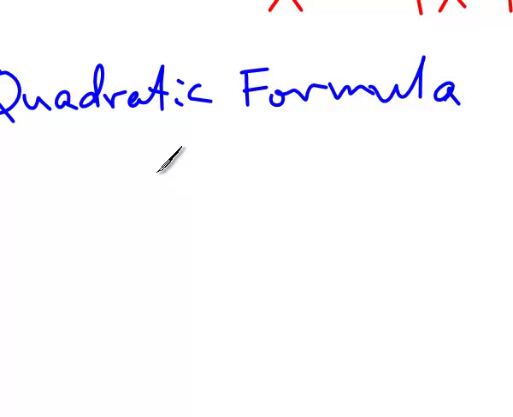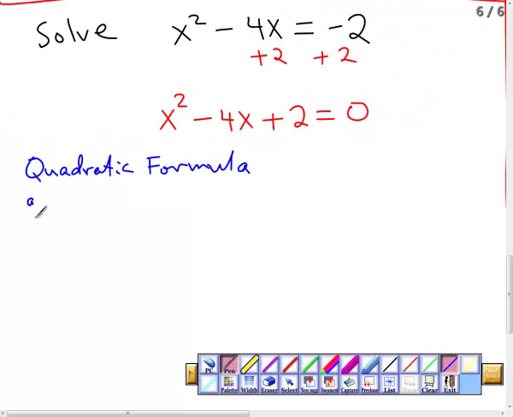Okay, and so the quadratic formula: given ax squared plus bx plus c equals 0, is x. Now, variable on one side, x is whatever your variable is. If your variable is y, then you put y here.